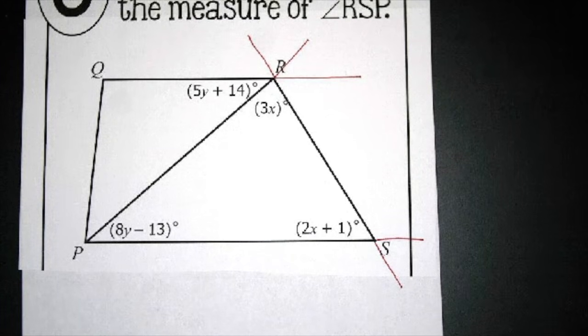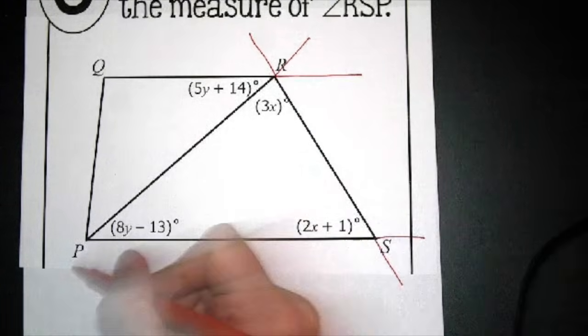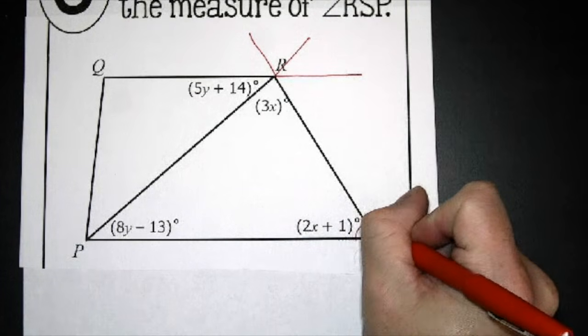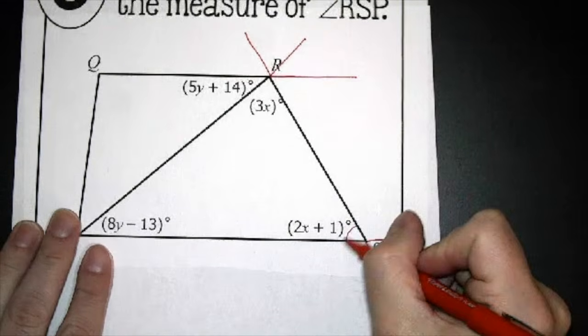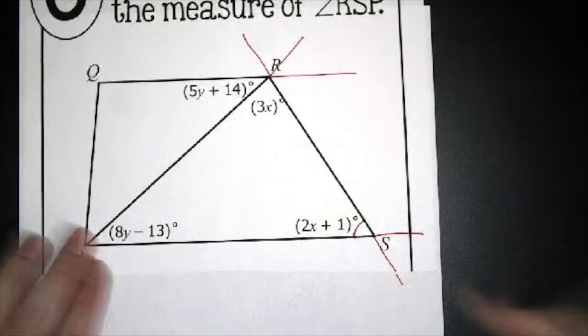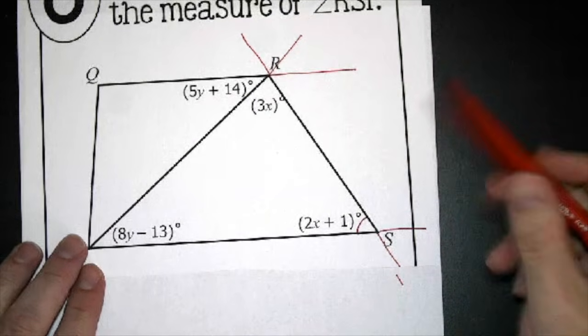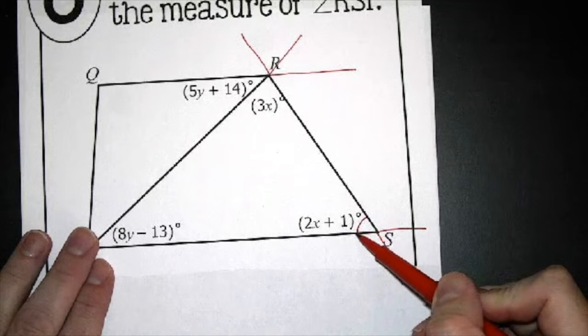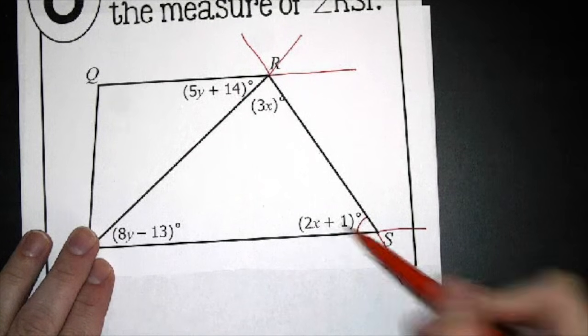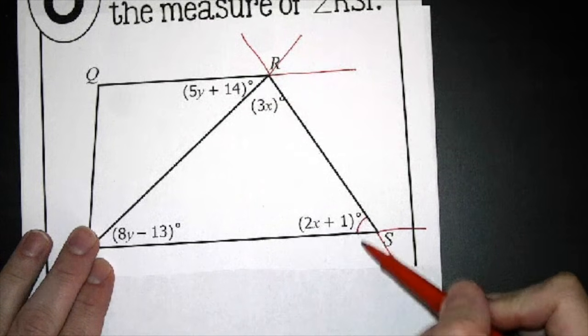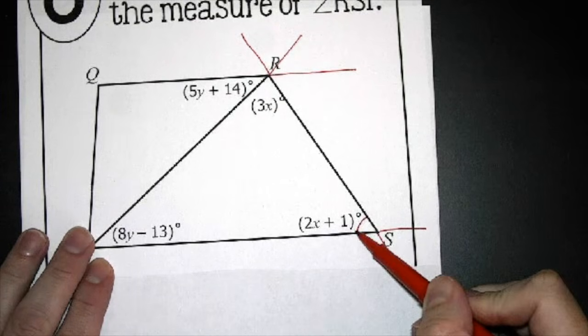Okay, so what they are asking for is to find the measure of angle RSP. So we're ultimately looking for the measure of this angle right here. So looking at that, I can see that this angle with 2x plus 1 is an acute angle formed by the parallel line and the transversal.